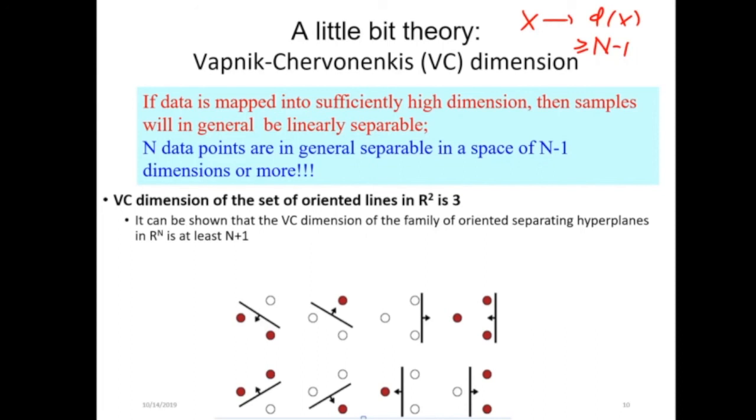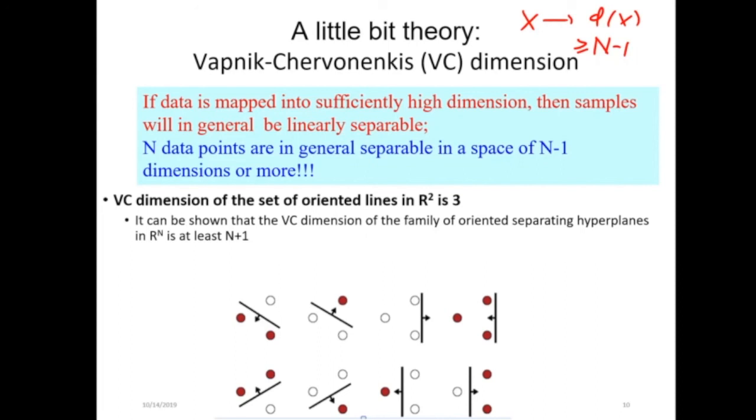That's the reason why we like to project into a higher dimensional space, because we can always separate them into two classes no matter what the original permutation of the class labels is for those n points.